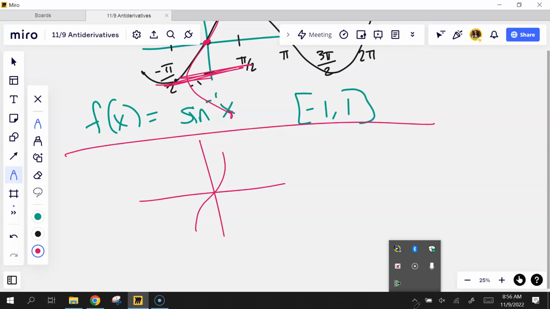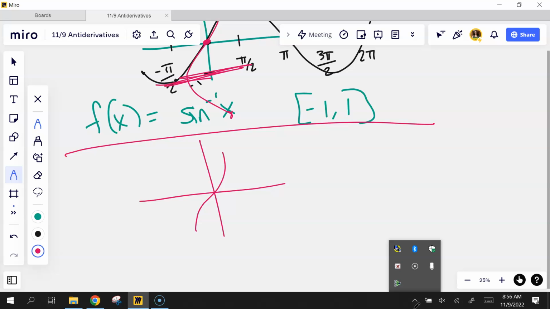What else am I looking for? Differentiable. And yes, it's differentiable on that interval. Does that make sense? So now the question is, does it satisfy the hypothesis of the mean value theorem? Yes, because it's continuous, it's differentiable.